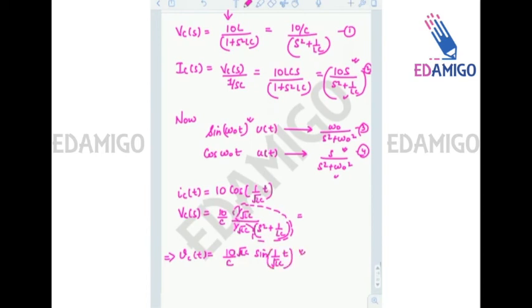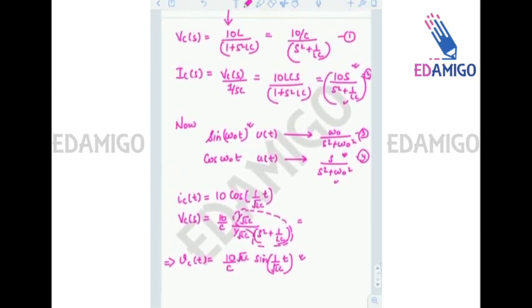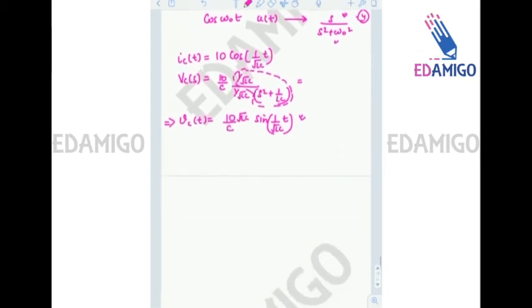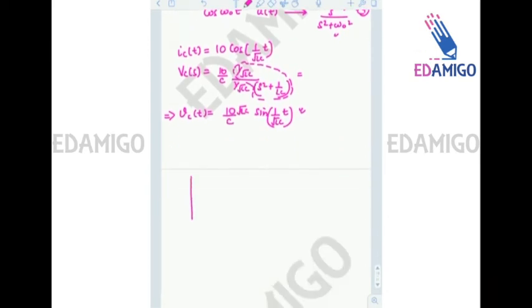Okay, now if you want to draw it, so I have to add a page here. Now if you want to draw these terms VCT and ICT, then you can see that current ICT is a cosine wave, so it's like this. Okay, so the maximum value is 10 for ICT, and if you draw VCT, then it will be a sine term.